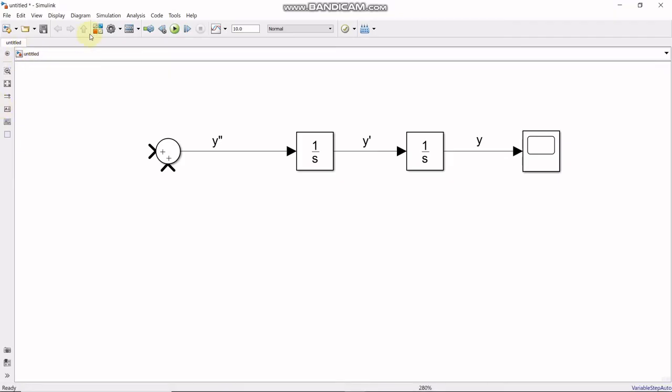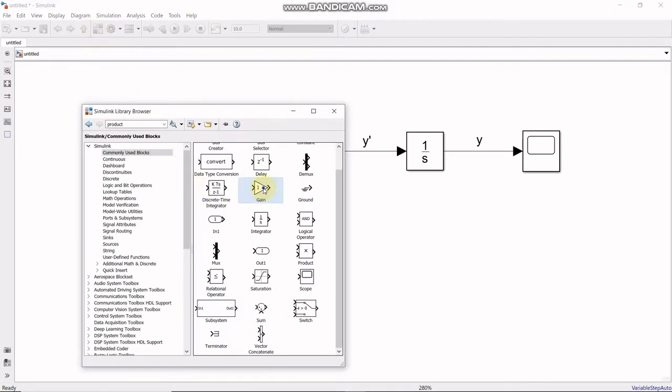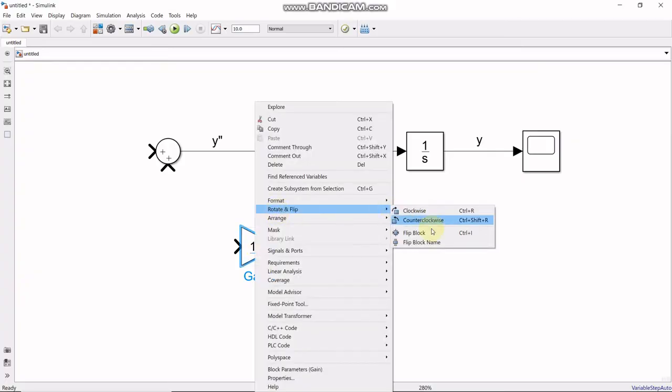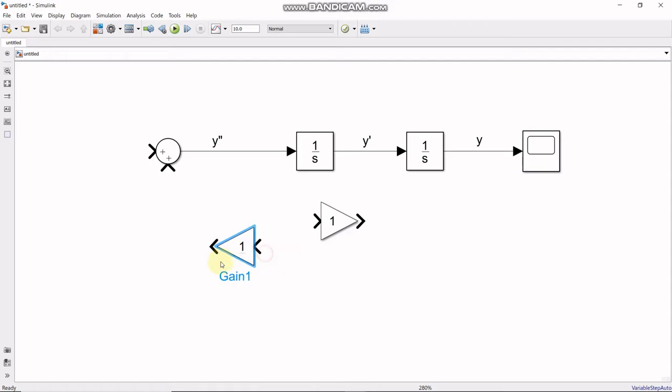This is our gain block. Add it. We need 2 of that. So one will serve for y prime and the other for y, which is for 6. So let's flip this block here. Then we'll flip this block as well.